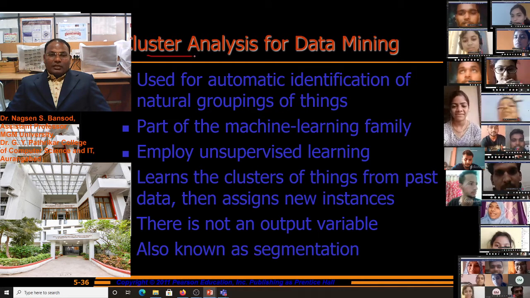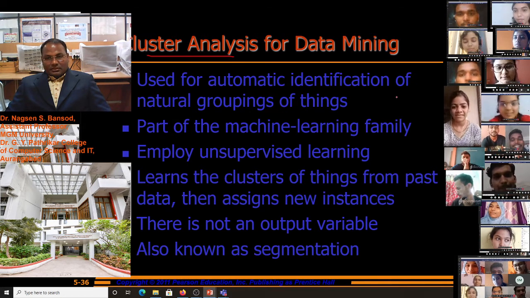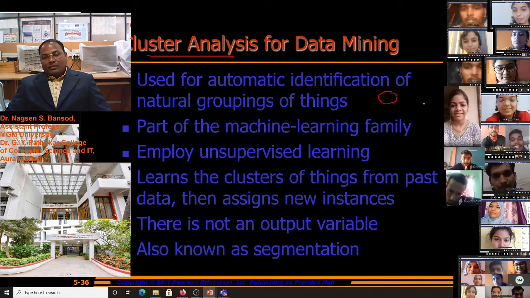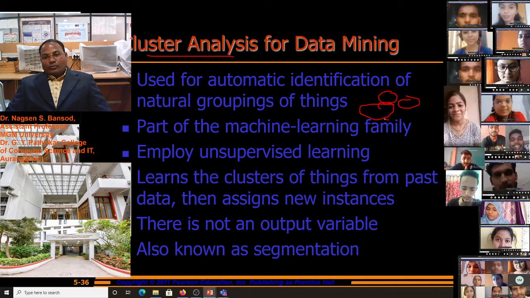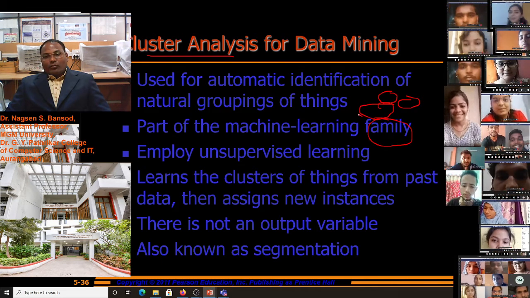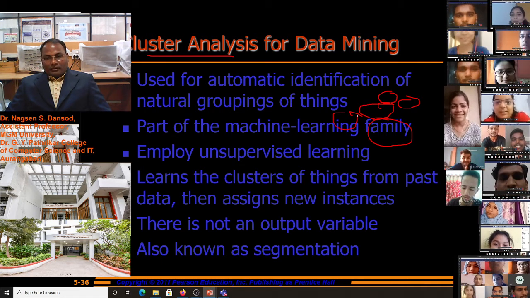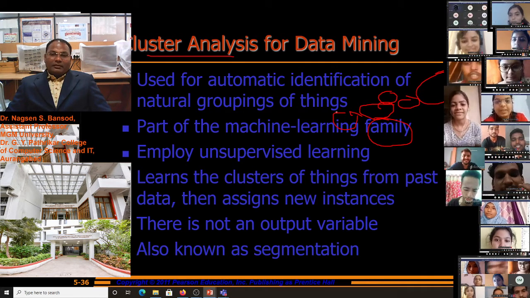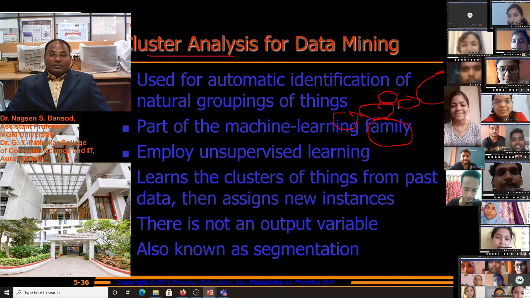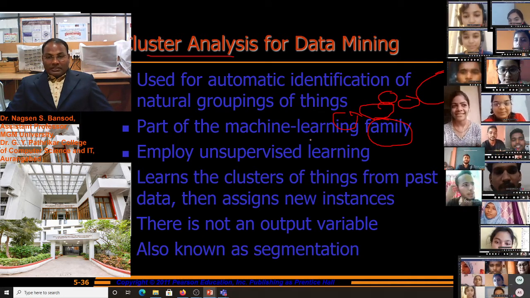We can use cluster analysis. We'll make clusters of Jalna, Aurangabad, Nasik, Pune, Mumbai, Nagpur, and find the samples. Cluster analysis is part of the machine learning family.